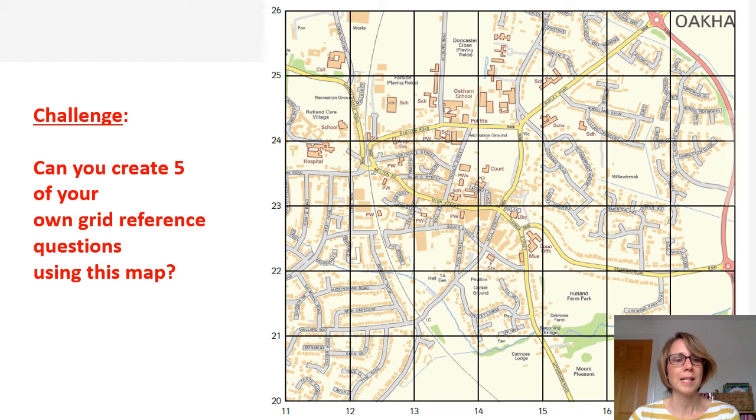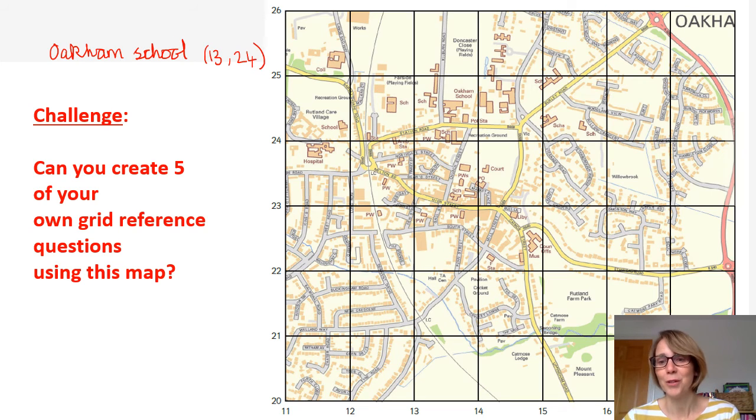So you could write down the name of your place, which is Oakham School, and then work out the grid reference for Oakham School, which is going to be 13 and then 24. And you can write down 5 different places from this map that of your own. So well done.